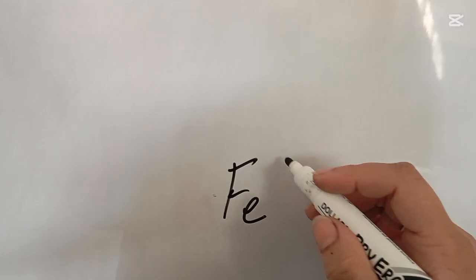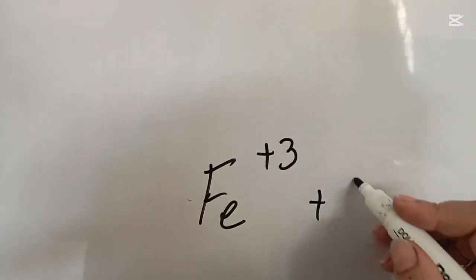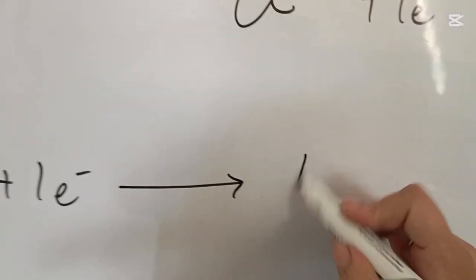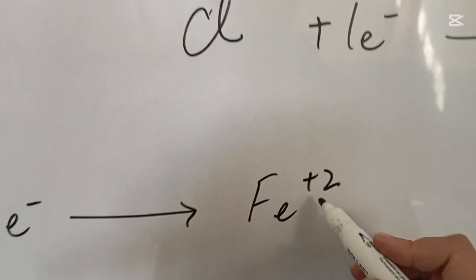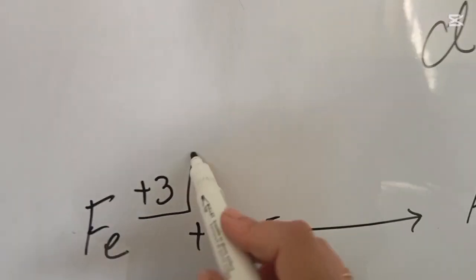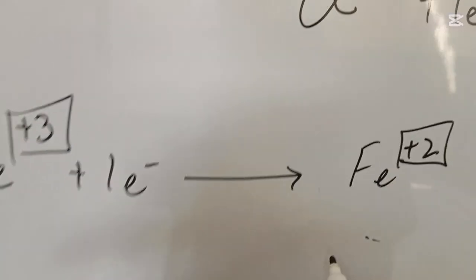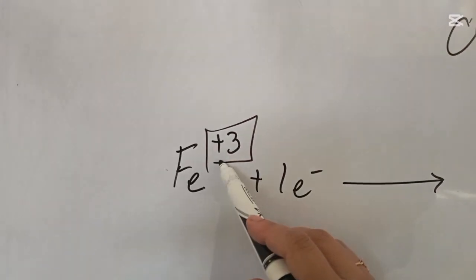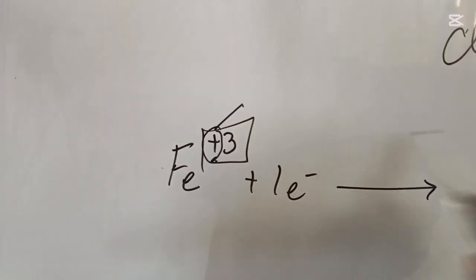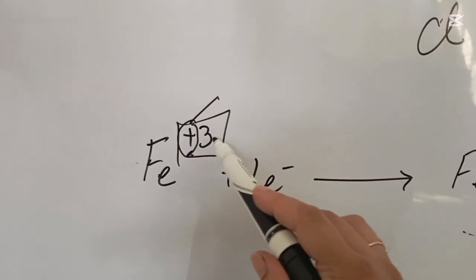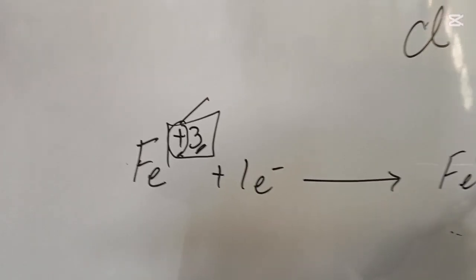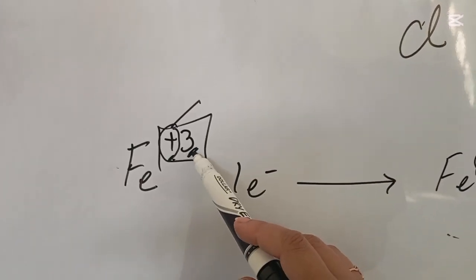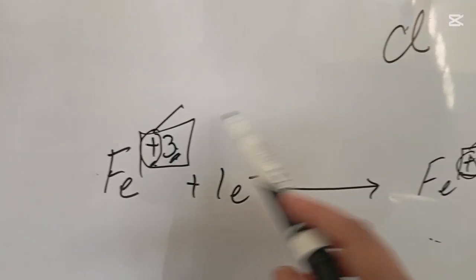Similarly, for a particular equation, for example, if we say that Fe plus 3 after gaining one electron gives Fe plus 2, you can see that in both parts of the equation the charges are still positive, but a reduction takes place because there is a decrease in the charge from plus 3 to plus 2.